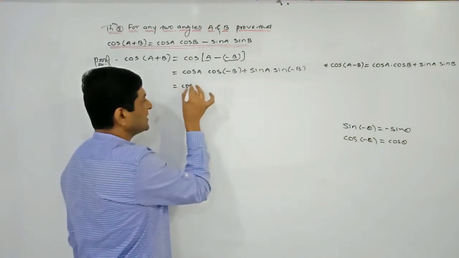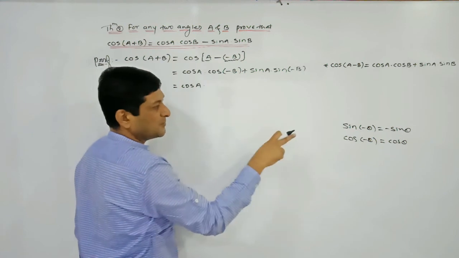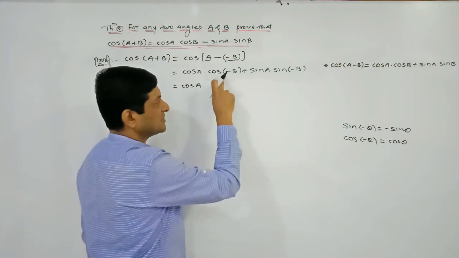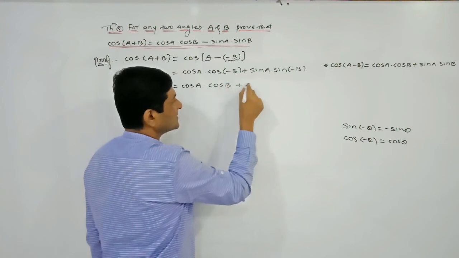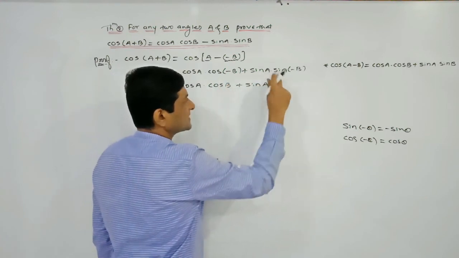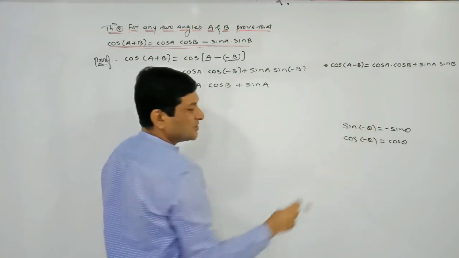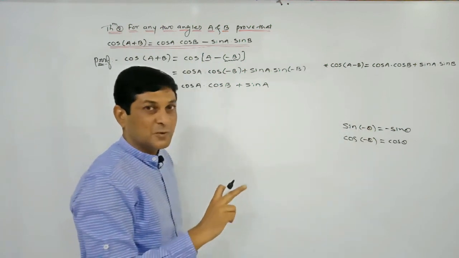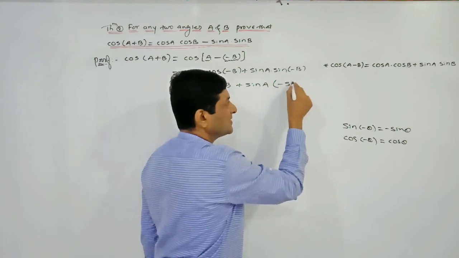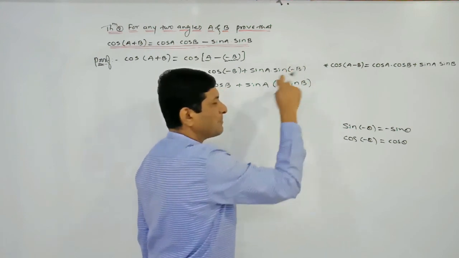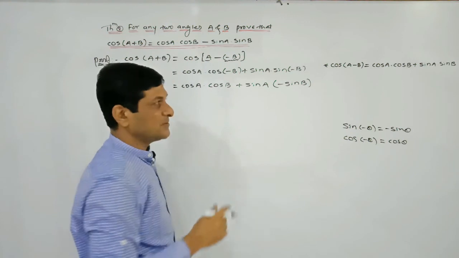So cos A, keep it as it is. According to this formula, cos(minus theta) is cos theta, which means cos(minus B) will be equal to cos B. Plus sin A, keep it as it is. Again, sin(minus B), according to this formula sin(minus theta) is equal to minus sin theta, so sin(minus B) will be equal to minus sin B.